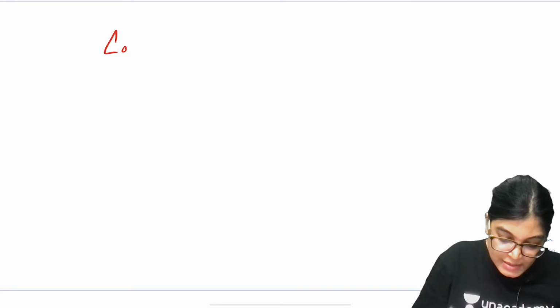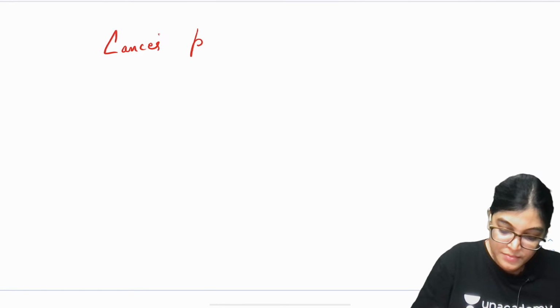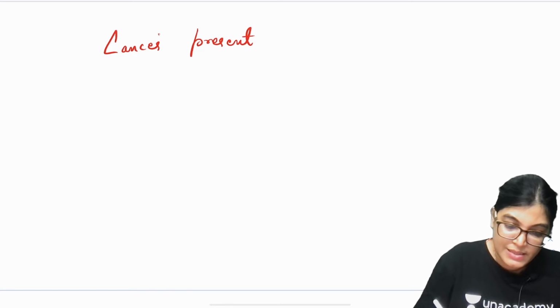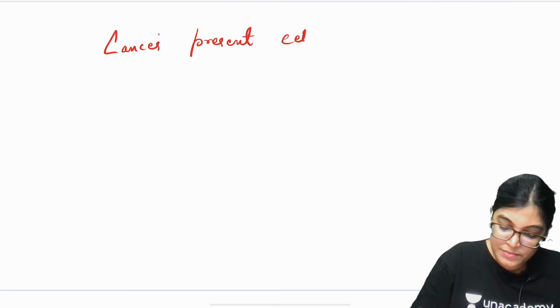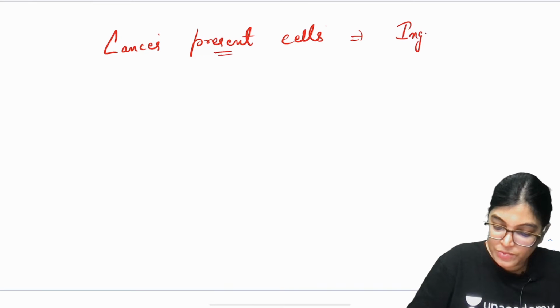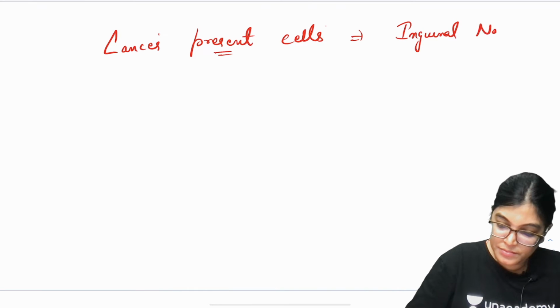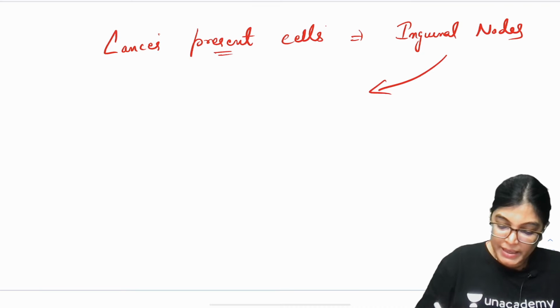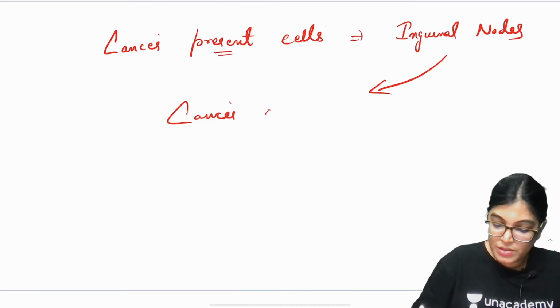I will come to the other options. Firstly, write down this option. Cancer cells present in the inguinal lymph node can be indicative of cancers of uterus.